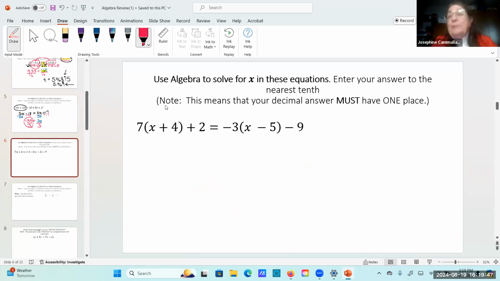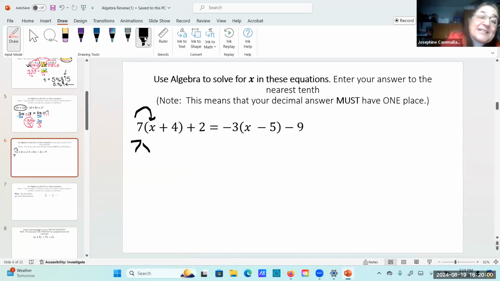Now, this one. Okay. I want to make sure you know to distribute. This 7 goes to x, but this 7 goes to positive 4. You're multiplying.